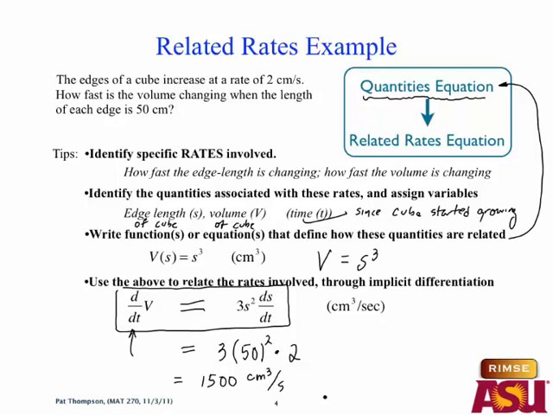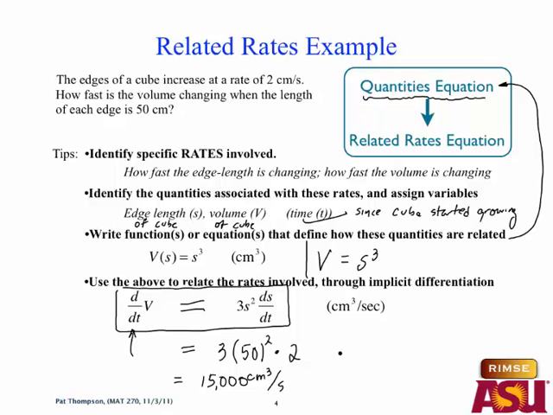Did I do this wrong? 2,500 times 3. One more zero? Yeah. I'm not very good at math.